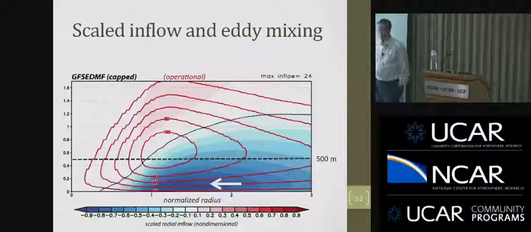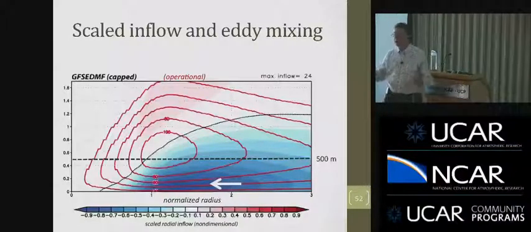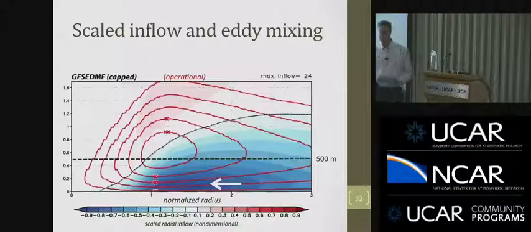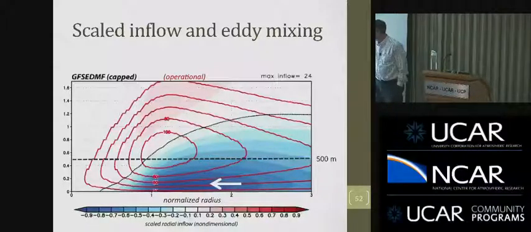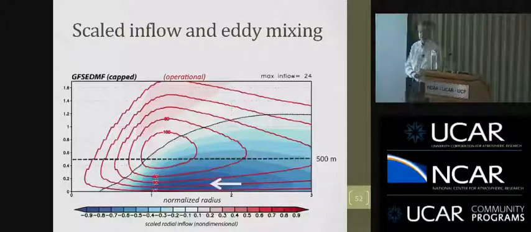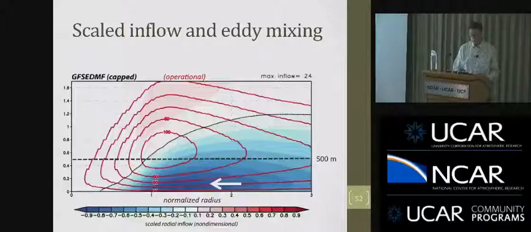And superimposed in red is the eddy mixing produced by the GFS scheme as currently used in the HWRF operational model. Again, I'm averaging over a 24-hour period, averaging 360 degrees azimuthally. And what we see is that the maximum is at about 500 to 600 meters above the sea surface, and it's about 100 meters squared per second in this temporal and azimuthal average.